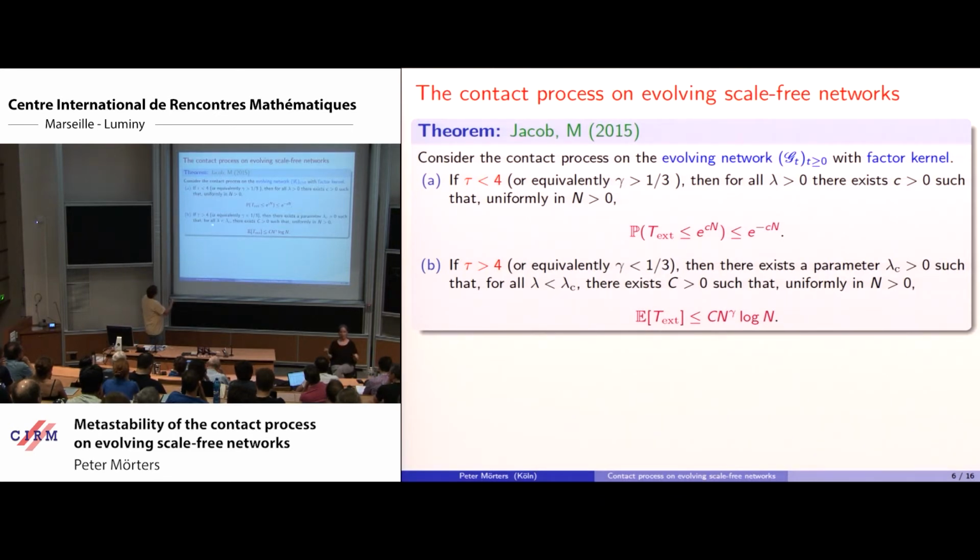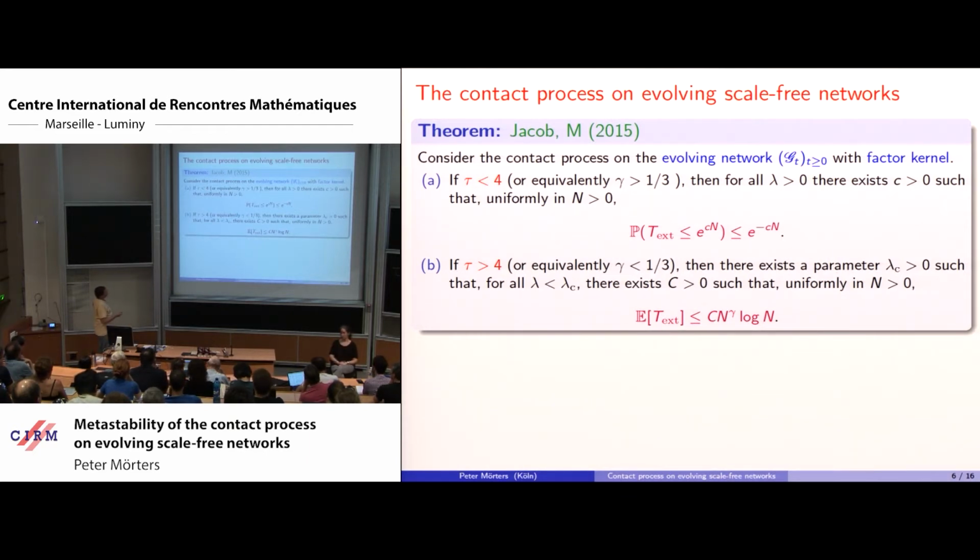Whereas when tau is bigger than 4, you can have fast extinction: there exists a critical parameter, and when you have an infection rate below that, the expected extinction time is just polynomial, in fact less than n to the gamma, that's the right exponent, times log n, which comes from the proof.